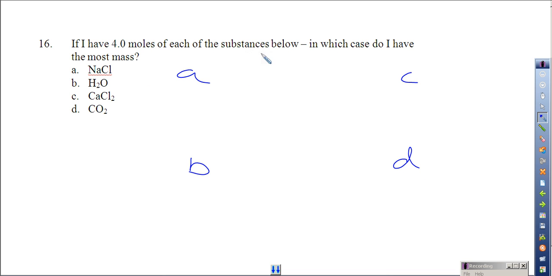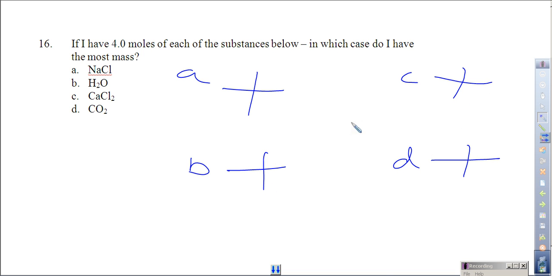If I have 4 moles of each of the substances listed below, in which case do I have the most mass? All right, so here's the dealio. What is going to be the same in all of these? Which of the boxes is going to be the same? The 1 mole, and where's that going to be at?